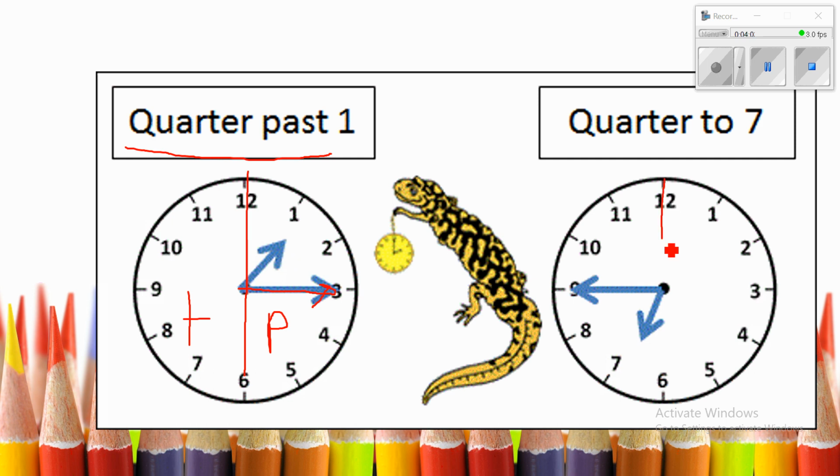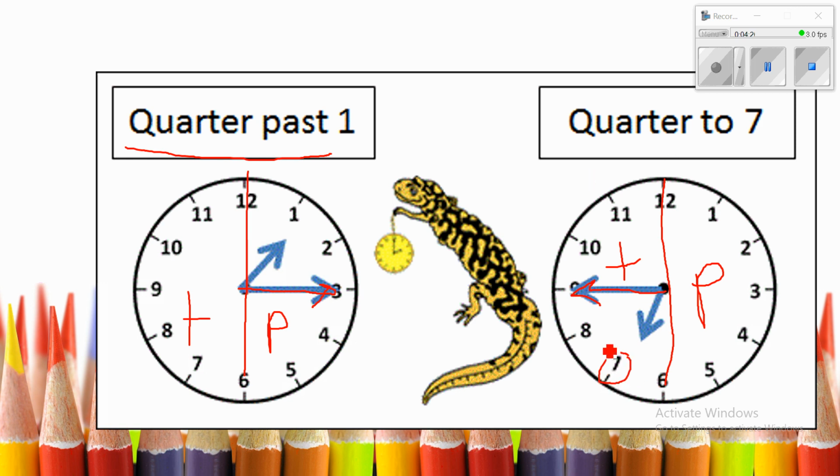But if I partition this circle into 2 parts, here is P for past, here is T for to, I can see the minute hand is on 9, and the 9 is a quarter to the next hour. So it's a quarter to 7.